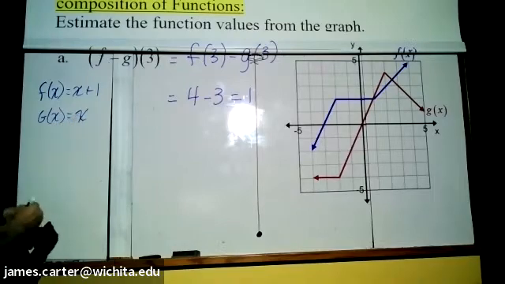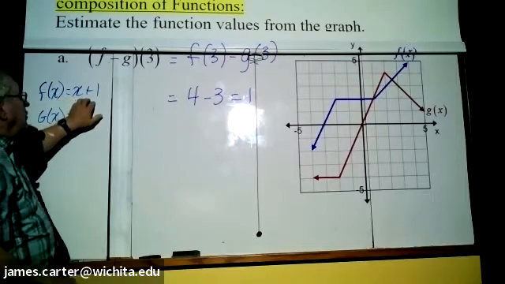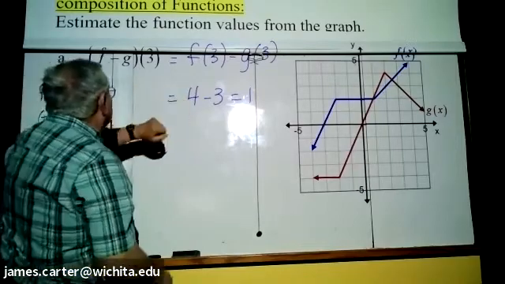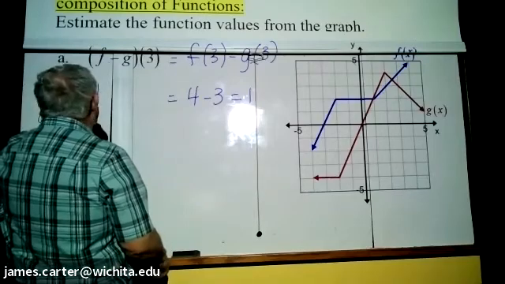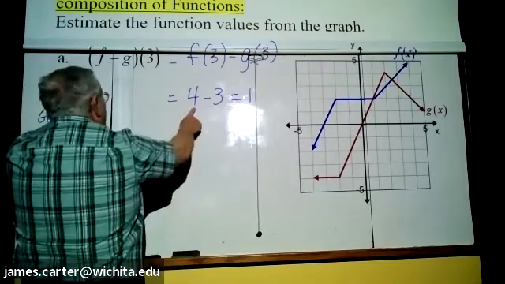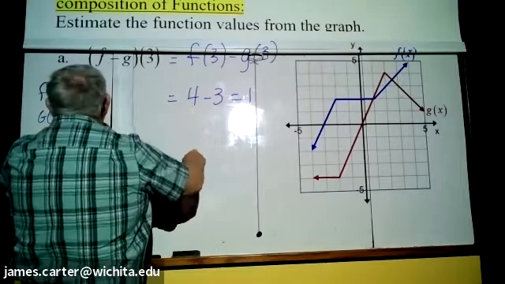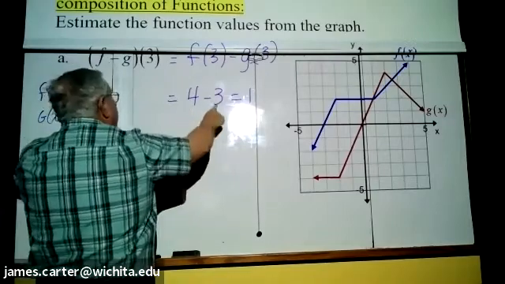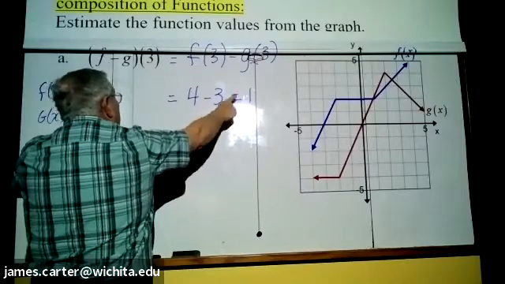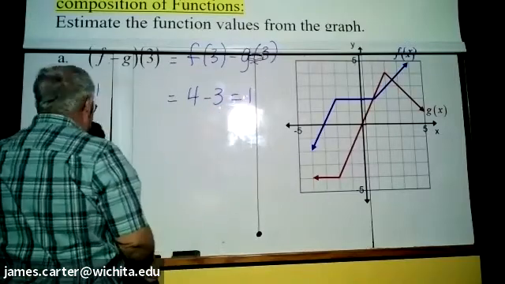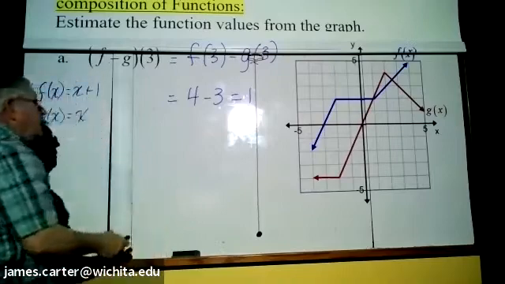Okay. Now, would that be true here? If I replace this with 3, I would get 4. If I replace this with 3, I would get negative 3 with an answer of 1. Okay.